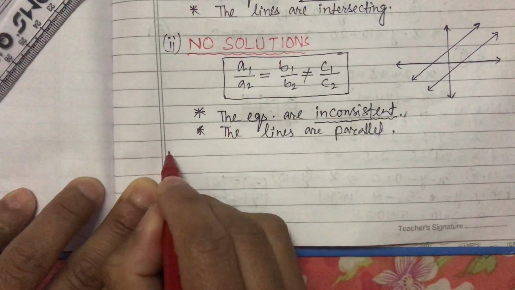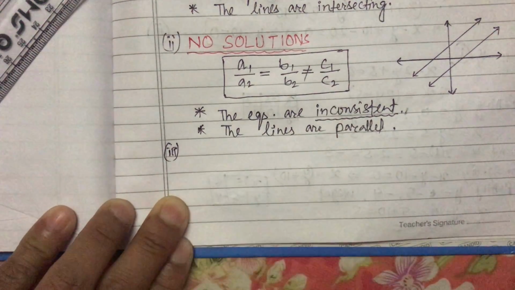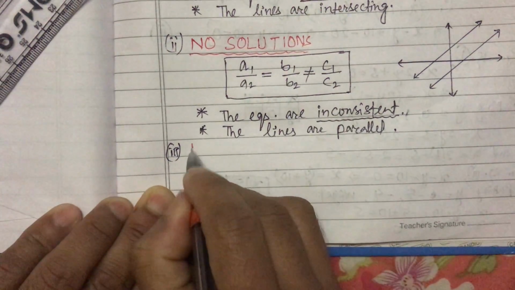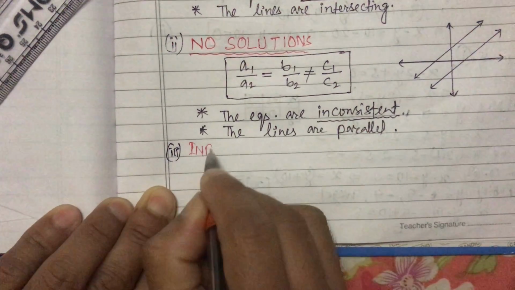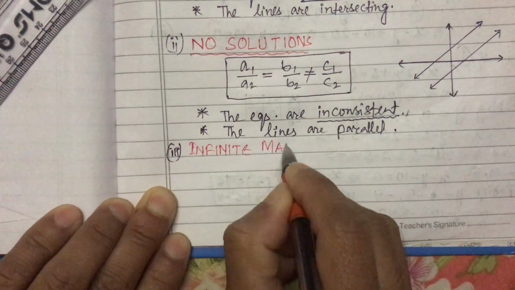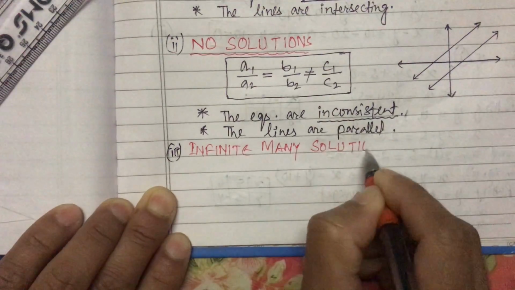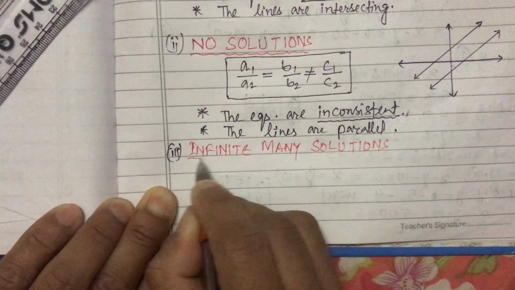Okay, third number. Third is what we call infinitely many solutions.